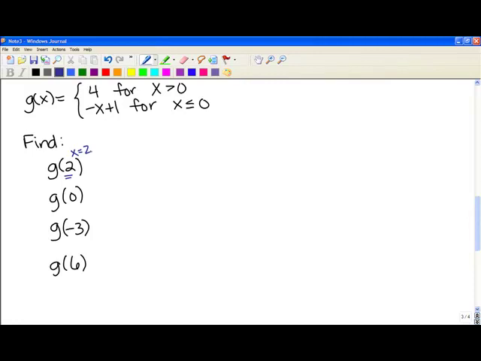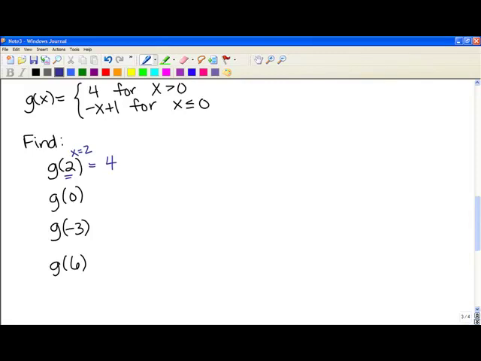Again, this means x equals 2. So is 2 greater than 0? Yes. So we would use this first piece, and the first piece is just the number 4. So we can't plug in our value of 2 for x because there's no x in that piece. So we just get 4.